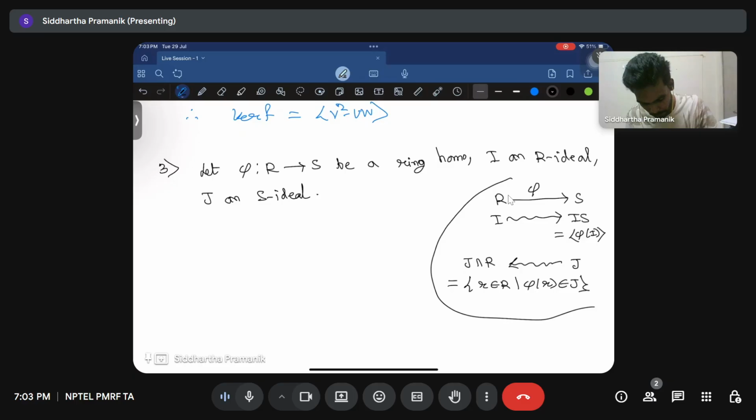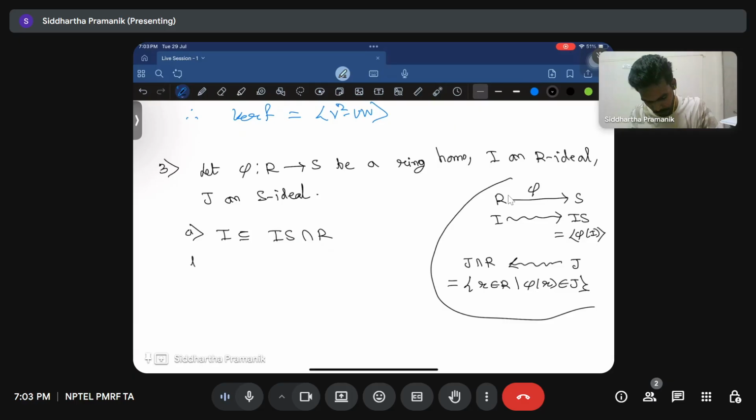So the problem is, if you take I, then it is a subset of the extension of I and then contracted back. So first you extend to S and then again contract it back.